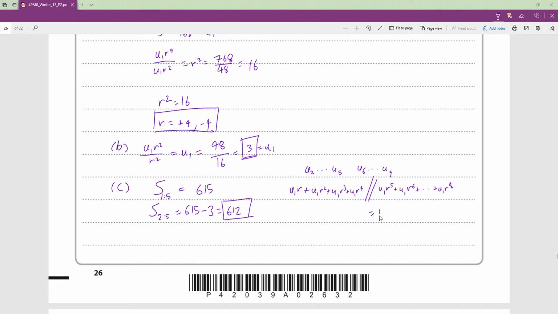We can factorize R to the 4 out, because the sum from 6 to 9 would be R to the 4 times U1R plus U1R squared plus up to U1R to the 4th. And this is actually, you guessed it, the sum from 2 to 5. So because of this, the sum from 6 to 9 is R to the 4 times the sum from 2 to 5, or 256 times the sum from 2 to 5, which is 612.